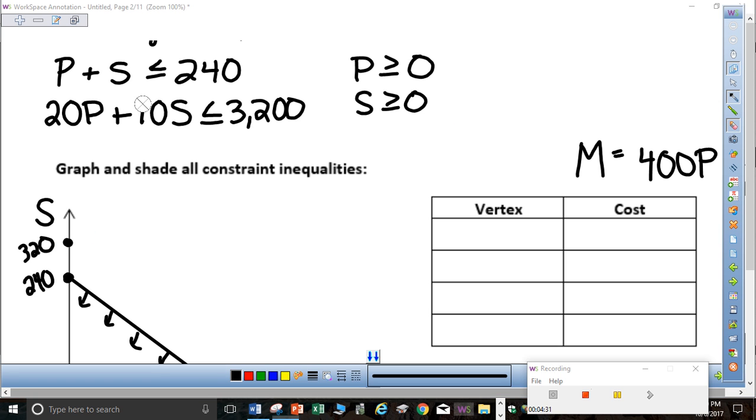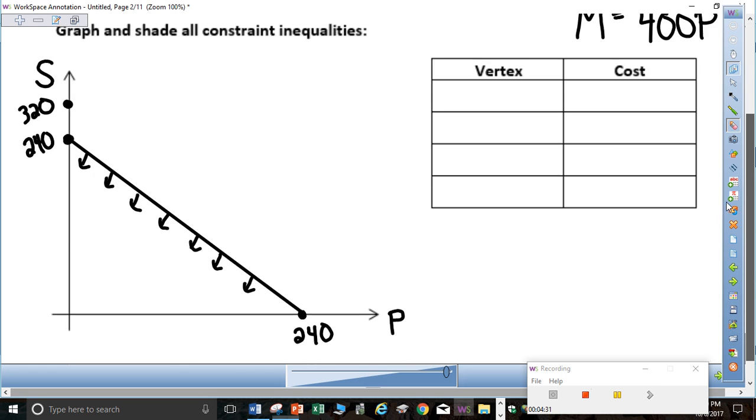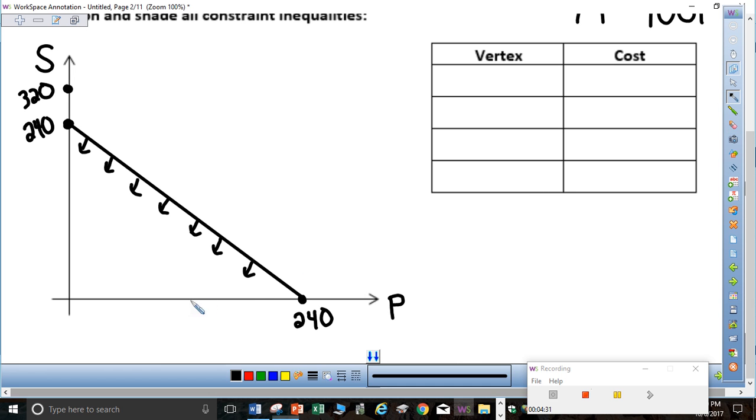All right, now let's cover up S. So assuming that S is 0, we're solving 20P equals 3200, divide both sides by 20, and we get the P-intercept to be 160. So I'm going to show that a little ways below the 240 on the P-axis.